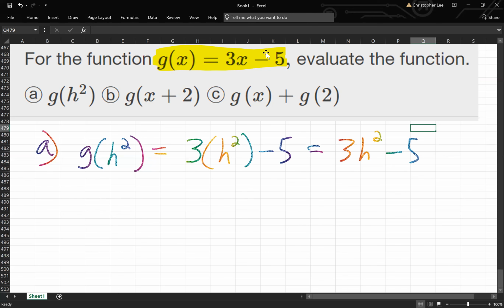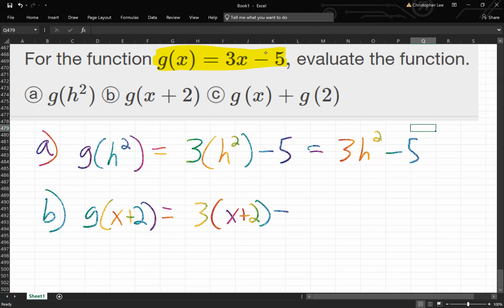Let's look at B. B says that they want g of x plus 2. So everywhere I have an x, I'm going to plug in an x plus 2. That's it. So this is going to be what? 3 times x plus 2 minus 5. Light work.